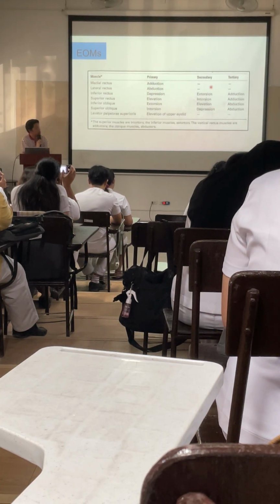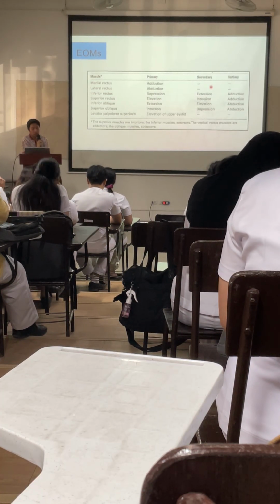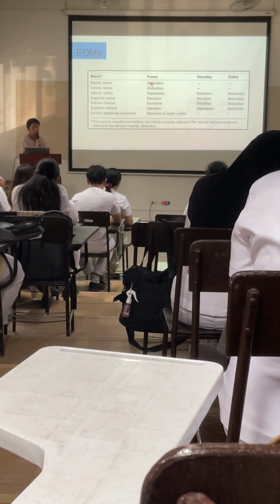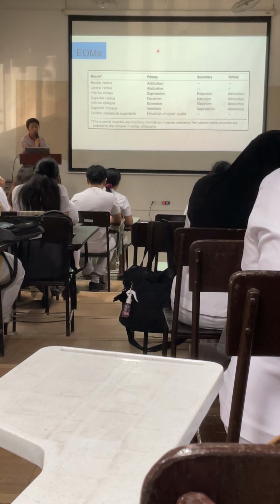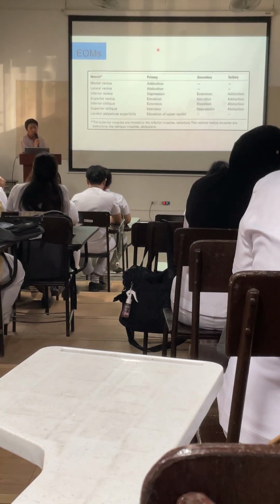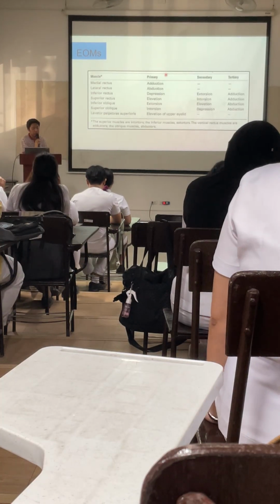So the table here shows you the primary, secondary, and tertiary actions of each muscle. It's easy to remember for your lateral and your medial rectus because each only has one primary function: adduction and abduction.